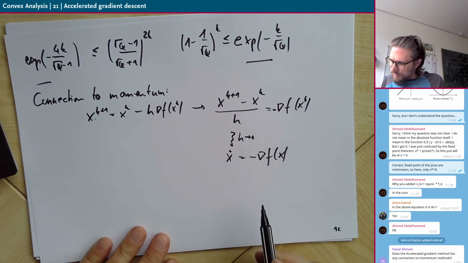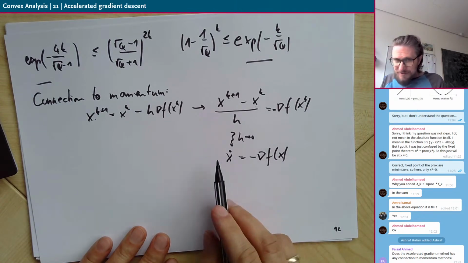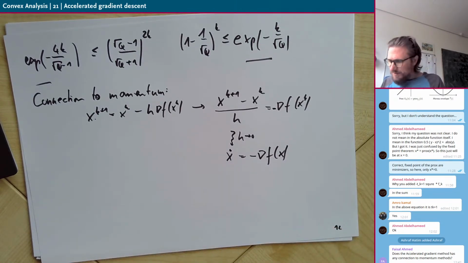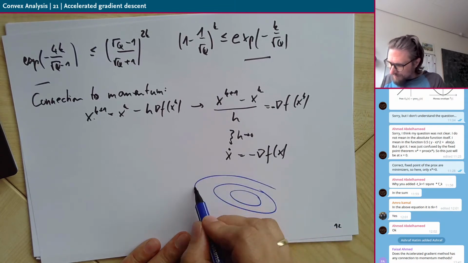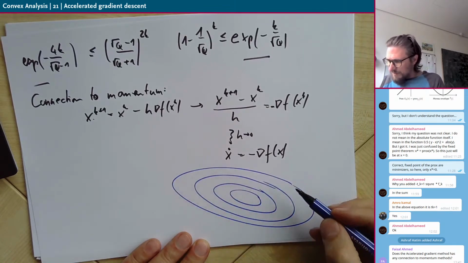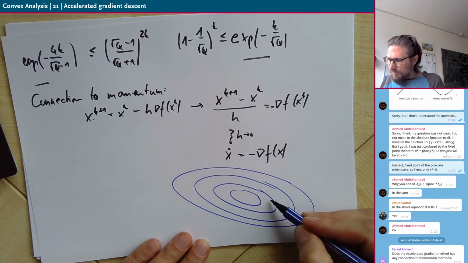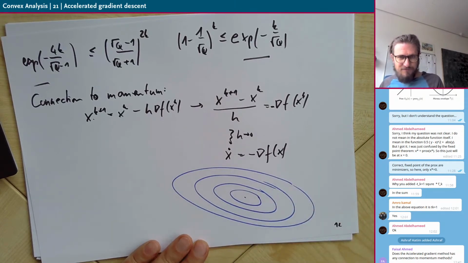And in continuous time, this has a nice interpretation. For f, we draw the contour lines. So these should be the contour lines of f, which means f is large over here, smaller, smaller, smaller, and here is the minimum of f.